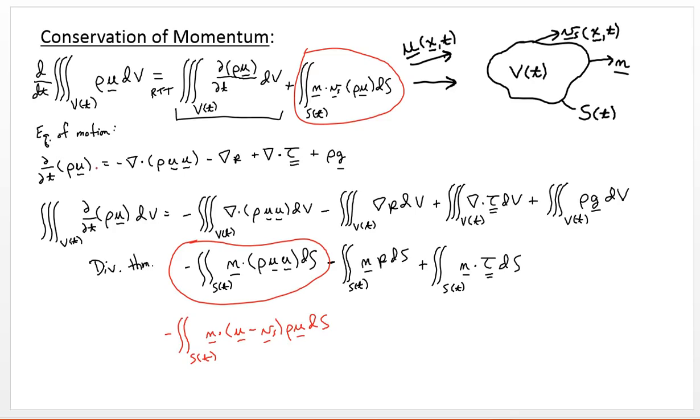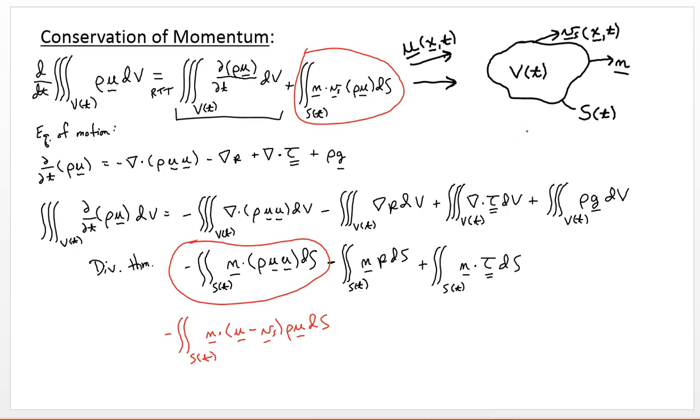And so now we have that the time derivative of the total momentum in the control volume, this top integral expression up here, is equal to the sum of four integrals, three over the surface area. This first term represents the net rate of momentum flow into the control volume by fluid flow relative to the motion of the control surface. Next term is the pressure force, which acts to increase the momentum of the control volume.